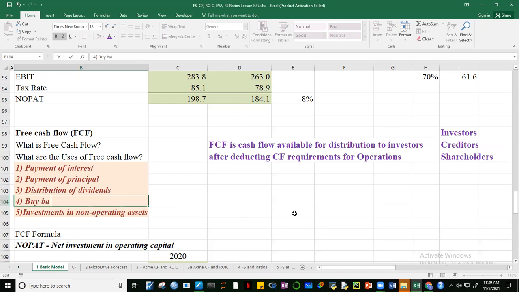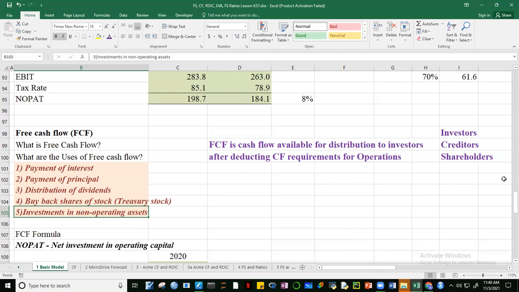The company can buy back shares of stock, which we call treasury stock. They can buy back the shares of stock owned by the shareholders. Okay, so these are the five major uses of free cash flow.